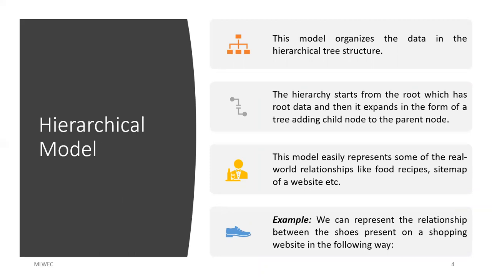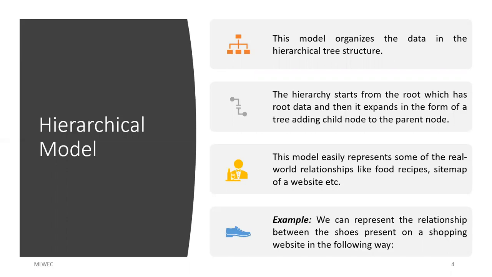Hierarchical model is like a tree structure. It follows the root and subtrees mechanism, extending by using subtrees. So again, I am going to define it: the hierarchical model organizes the data in a hierarchical tree structure.